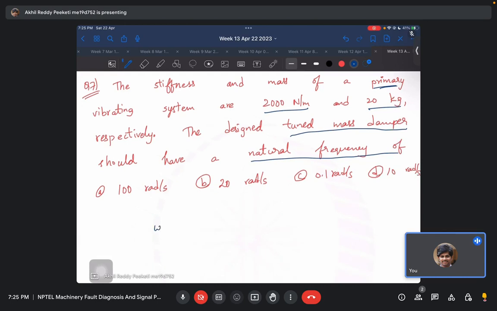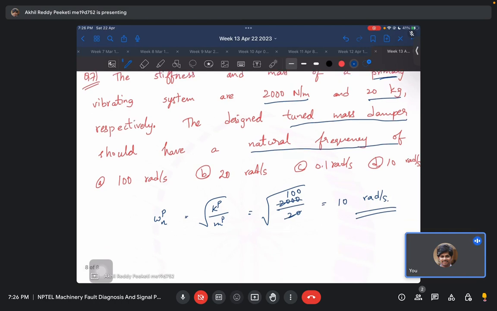For the primary system, the natural frequency is root k by m, so this gives us root of 2000 by 20, which is 10 radians per second. Now we estimated the natural frequency of the primary vibrating system.